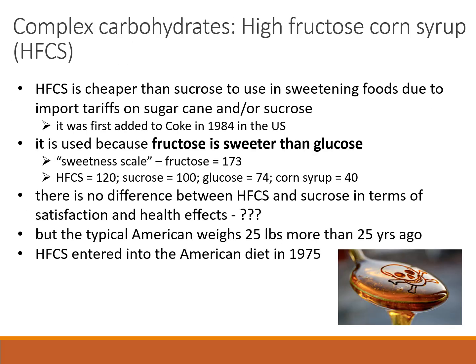Why do we use it? Well, it's cheaper than sucrose, and it's used to sweeten foods. The reason it's cheaper than sucrose is that back in the 1970s, I believe, import tariffs on sugarcane were imposed by our government.